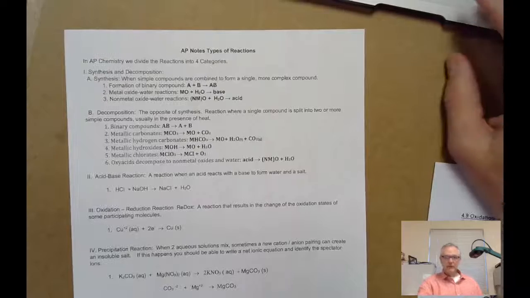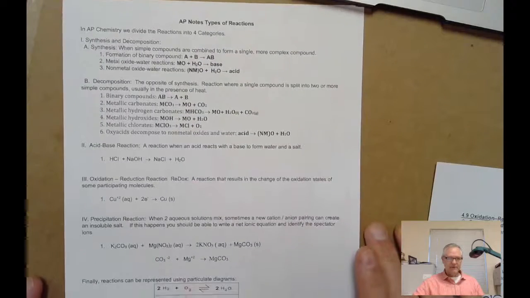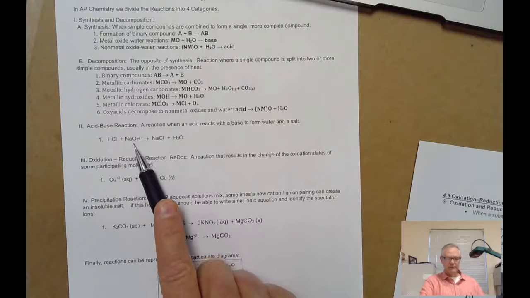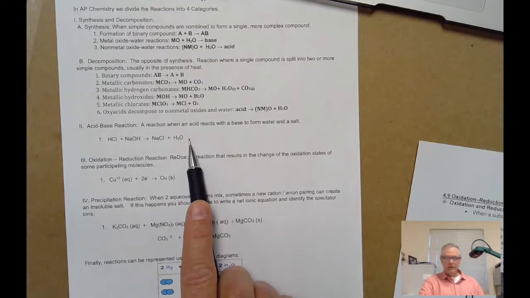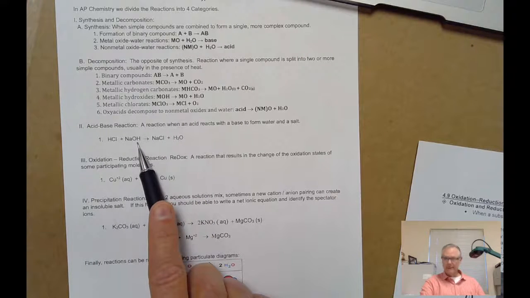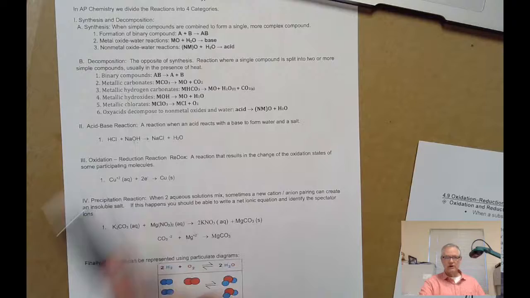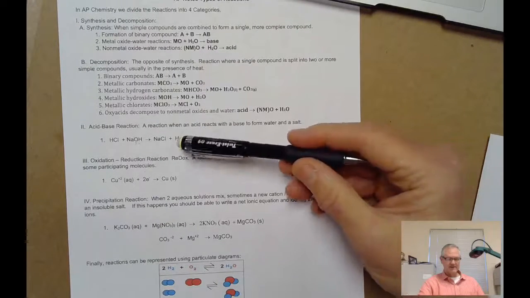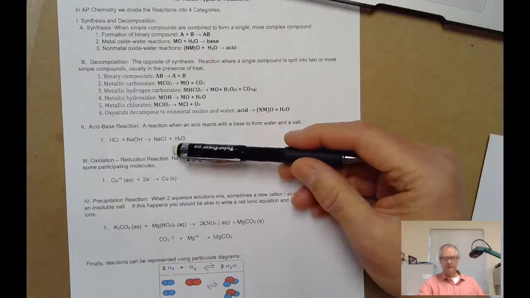In a double replacement, you have a compound plus a compound yields a compound and a compound. If you have a very specific one that starts with an H, an acid, and ends with an OH, a base, an acid-base reaction, then we classify it as a neutralization reaction or an acid-base reaction. So it's a very specific type of double replacement.